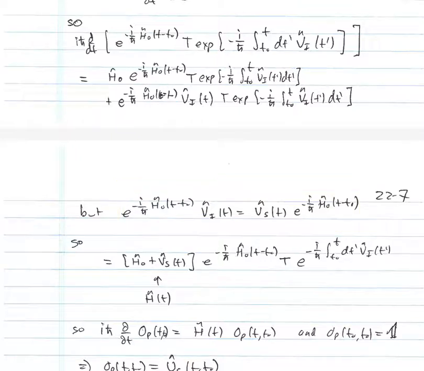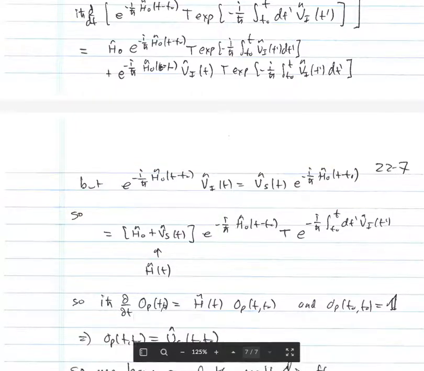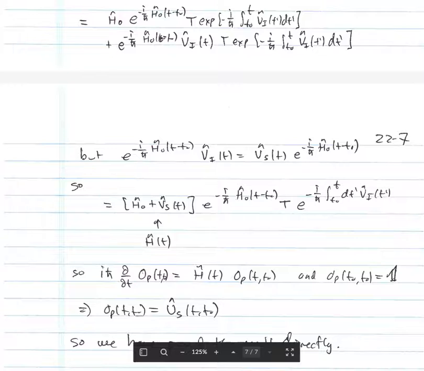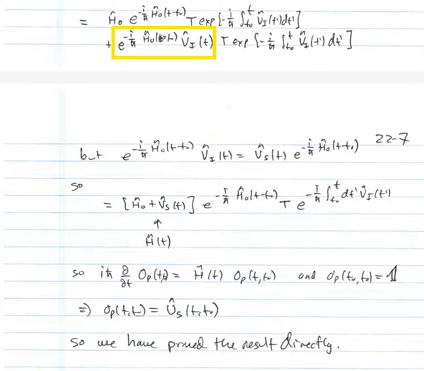Okay, now that we're clear exactly how that works, we're going to use that to move the V_I of t, or move the V to the left. So you see here in this equation of motion, when I took the derivative, I have an e to the minus i over h bar H0 (t minus t0) V_I of t appearing after I took the derivative.